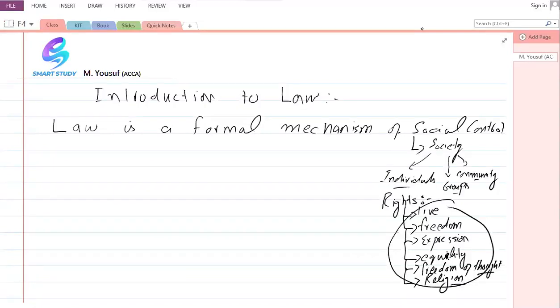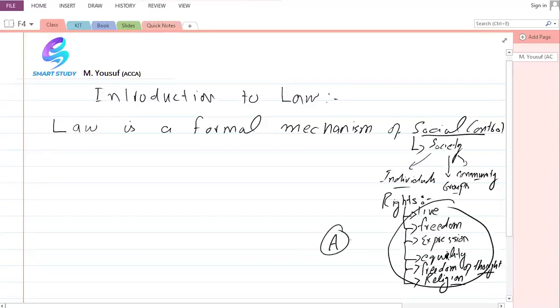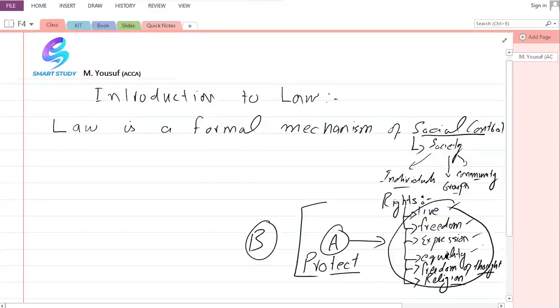What does it mean by social control? Social control means that if a person A has these rights, we have to protect him against Mr. B. If Mr. B can violate the rights of A, we have to protect them so that no one can get in dispute with another person. We must make sure that we cannot abuse A or violate these rights, for example the right to live, freedom, expression, equality, freedom of thought, and religion.